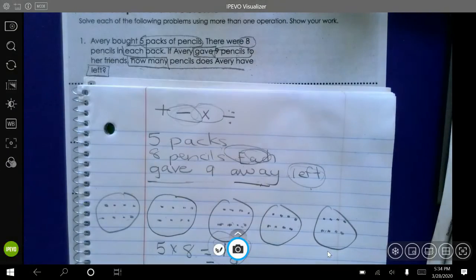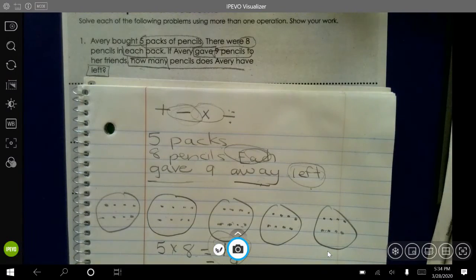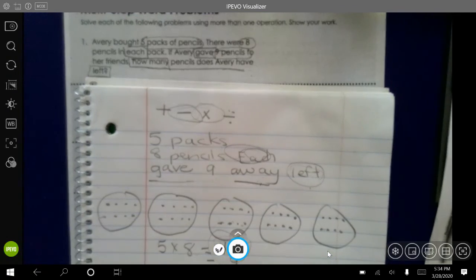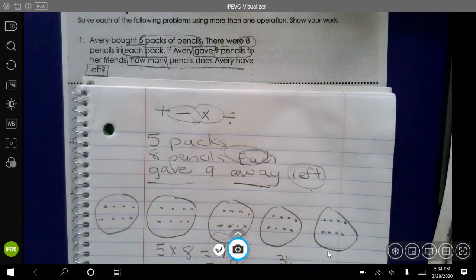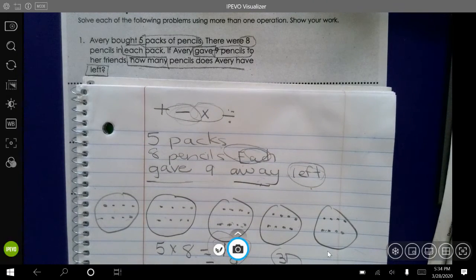So how many pencils did Avery have left if she started with 40 and she gave 9 of them away? Avery now has 31 pencils. Okay. Now, let's go ahead and just show how we found that answer.